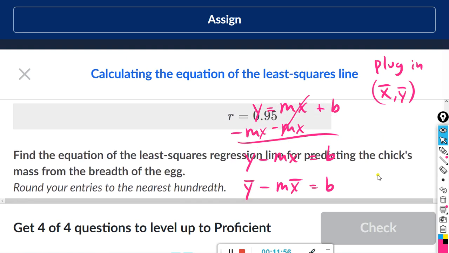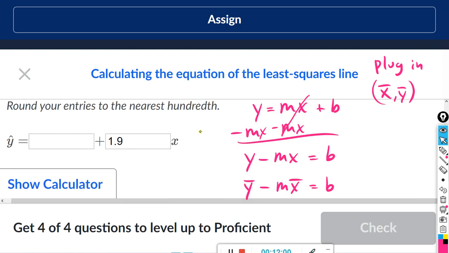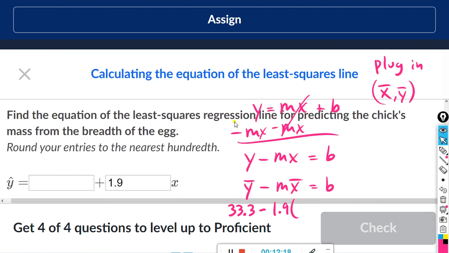So for y bar, you go to the chart. Y bar is 33.6. For m, we did it before. That's a 1.9. And for x bar, you go to the chart. That's a 41. And that equals b.